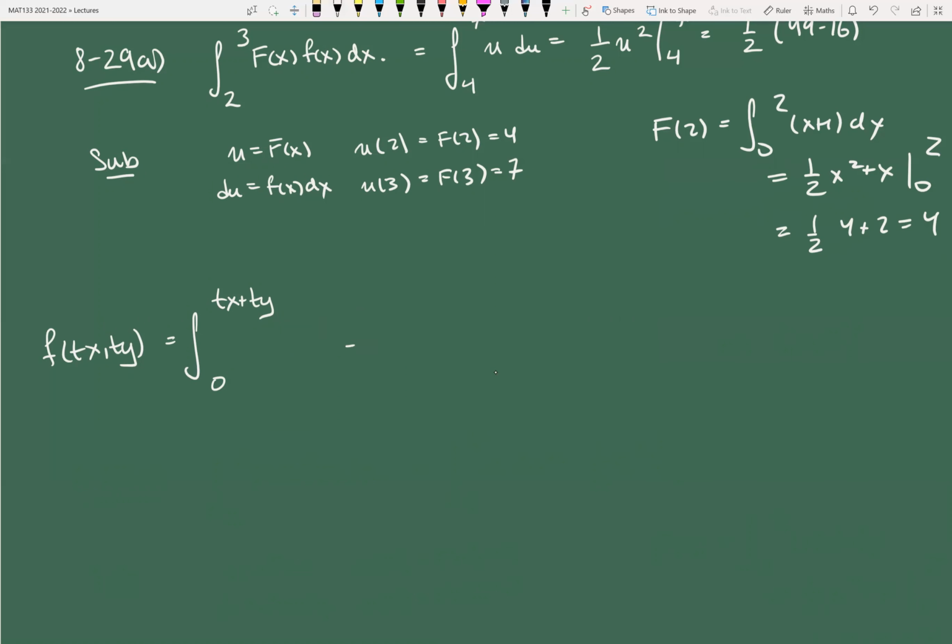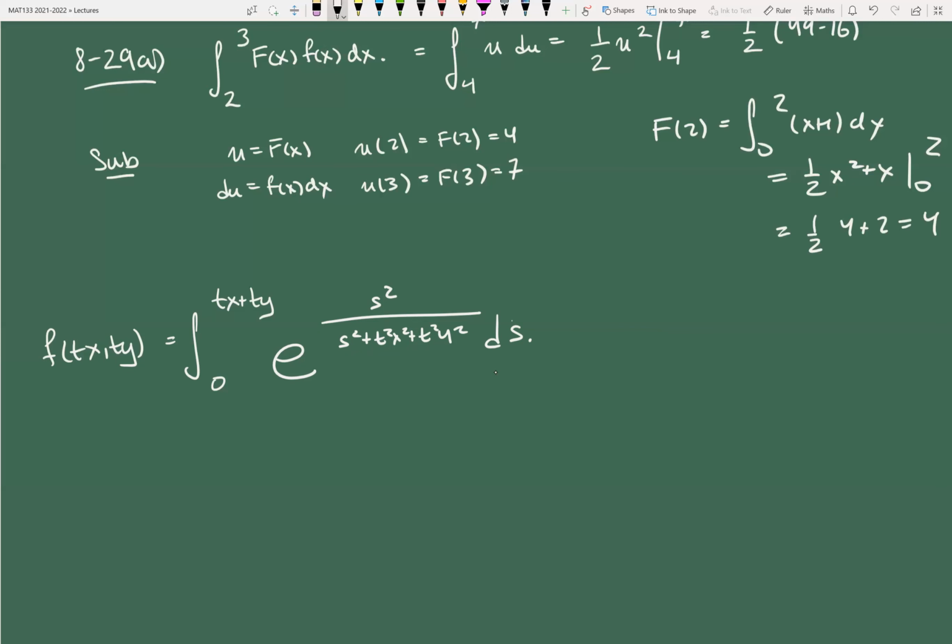Let me write this a little bit bigger: e^(s squared) over s squared plus t squared x squared plus t squared y squared, ds. So what you need to do is think of a nice substitution.